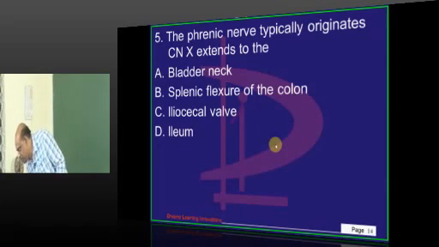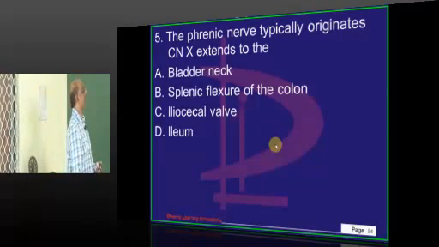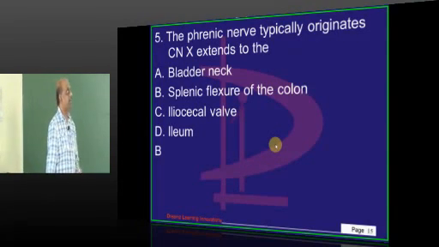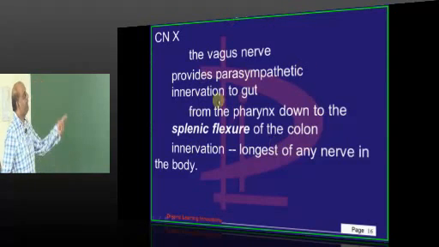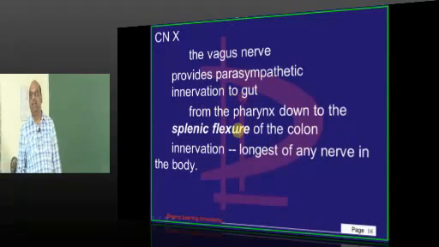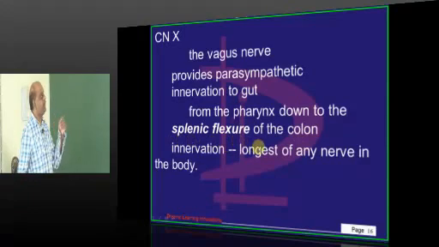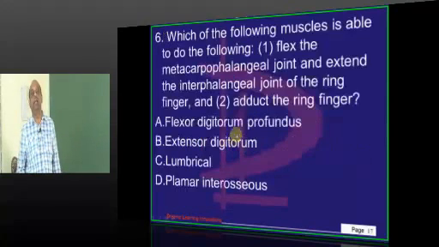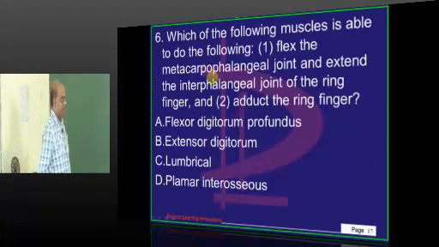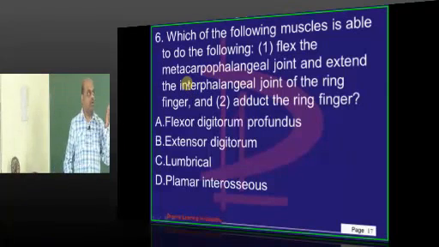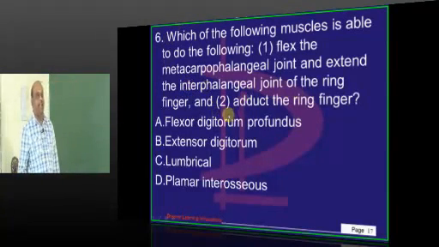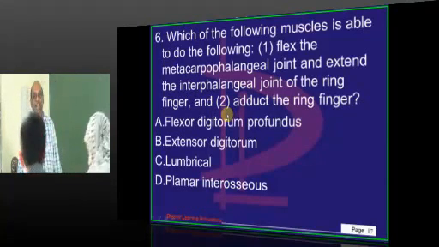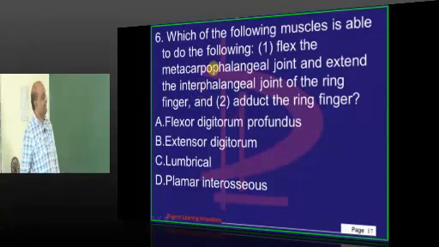Excellent. Question number 5, most of the students have answered splenic flexure. Cranial nerve 10 will be providing parasympathetic innervation to the gut from the pharynx until the splenic flexure of the colon, which is what you have to remember. Now, very good. Dr. Jiaul Haq is also available on the floor today for a good discussion. That's good.